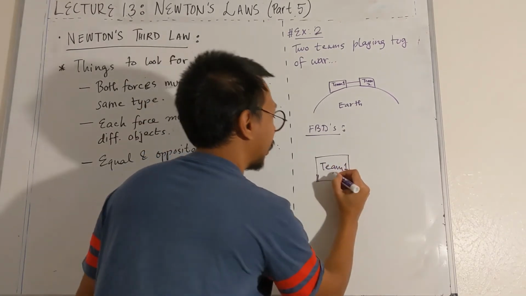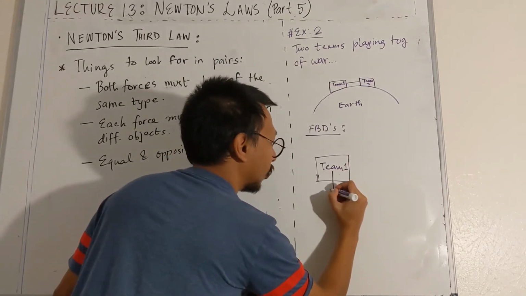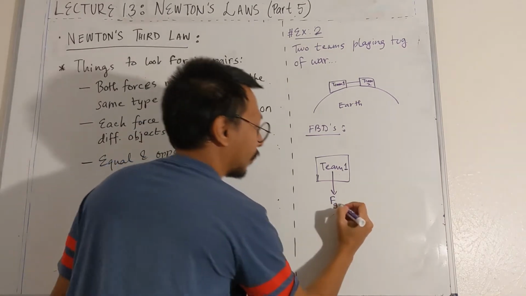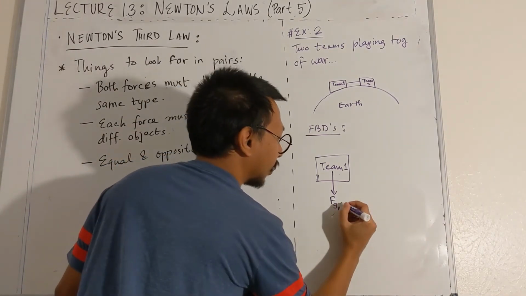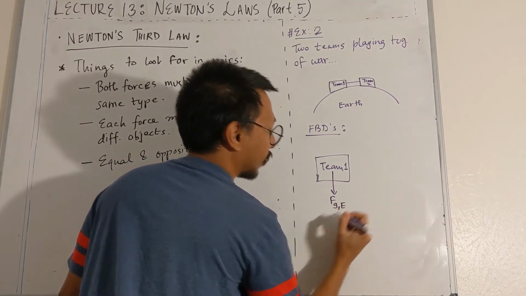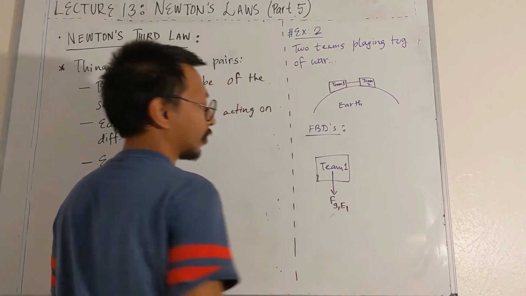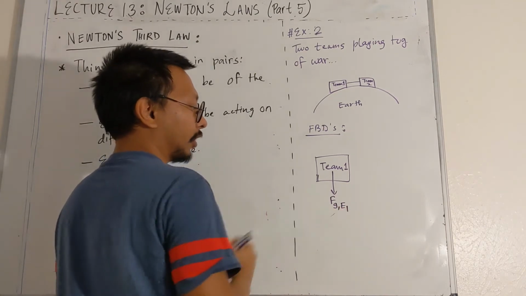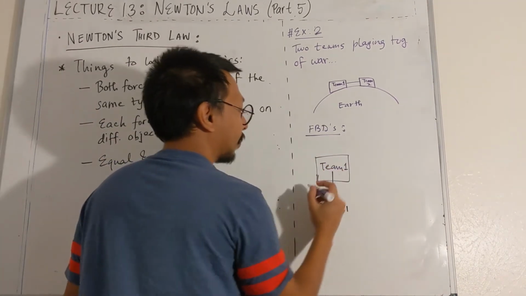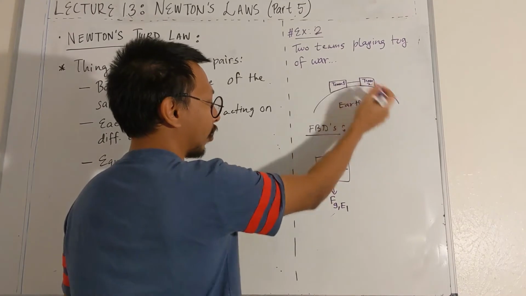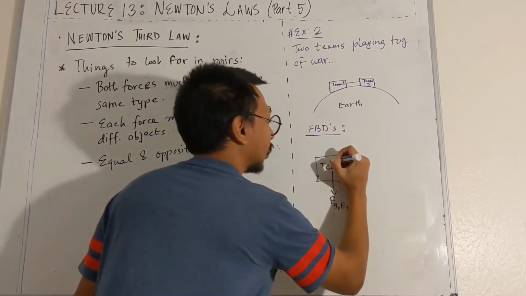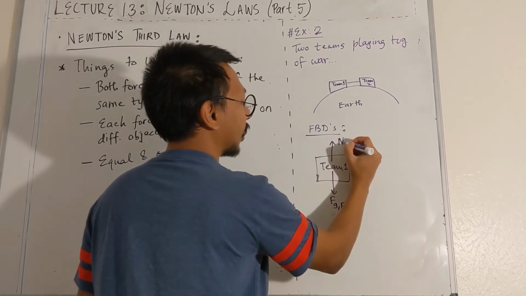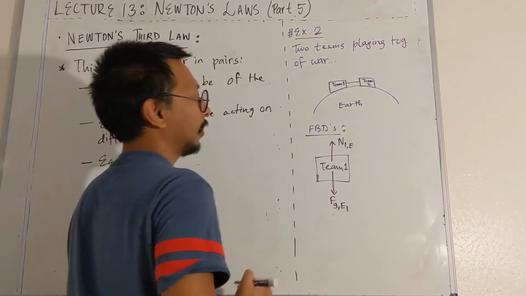Team 1 has a mass, so this will have a weight, the force of gravity by Earth on team 1, let's call it F_E1. So the force of gravity by Earth on team 1 is denoted like that. Because team 1 is standing on the ground surface of the Earth, it has a normal force exerted by the Earth on it. So let's call that N1 by E.